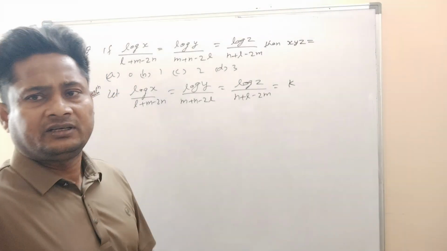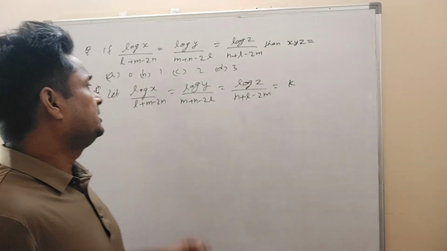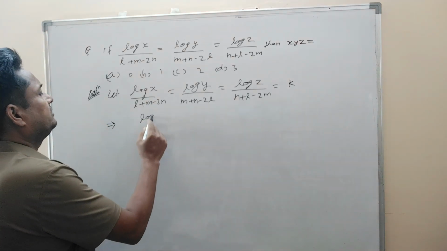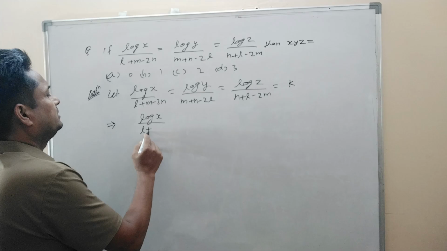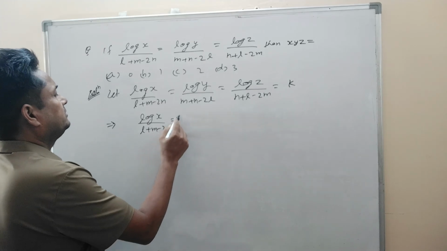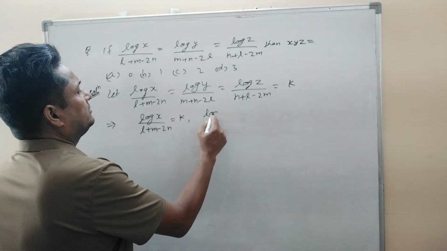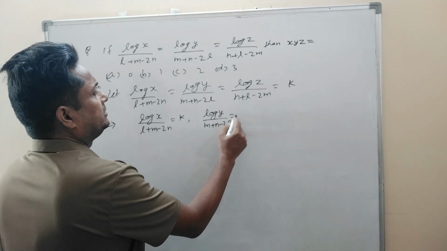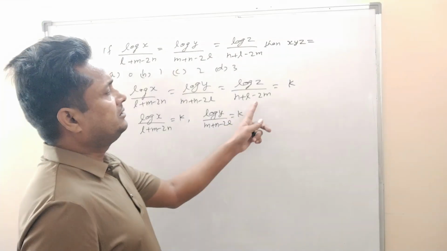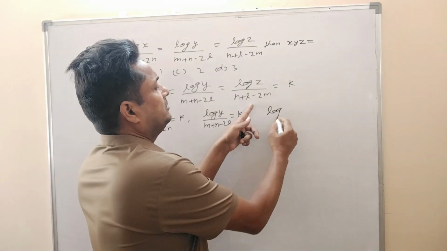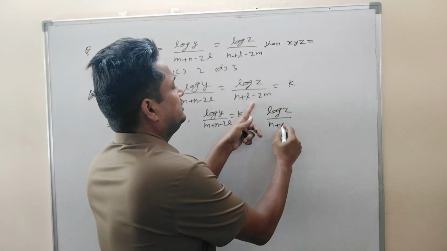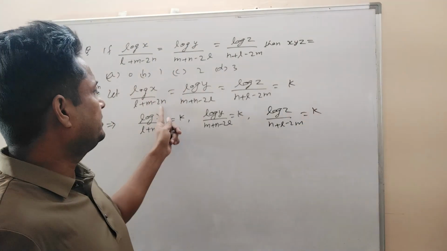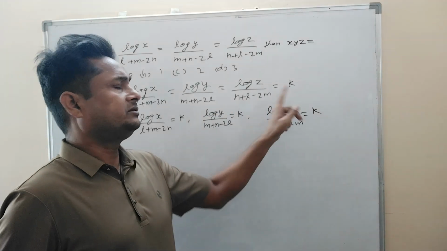We are assuming any number k and equating these respective expressions, then we can write log x divided by (l + m - 2n) is equal to k, log y divided by (m + n - 2l) is equal to k, and log z divided by (n + l - 2m) is equal to k.